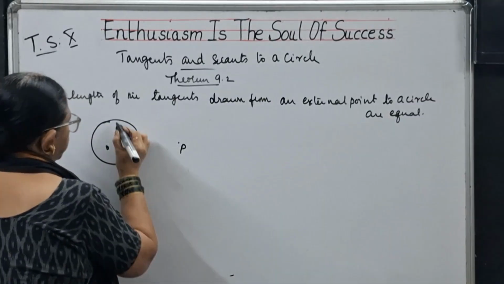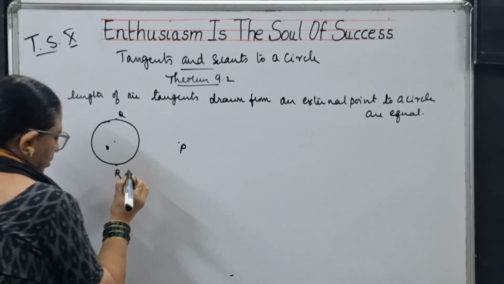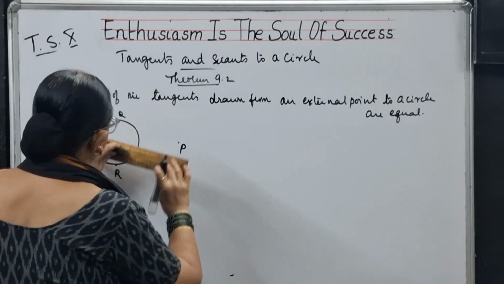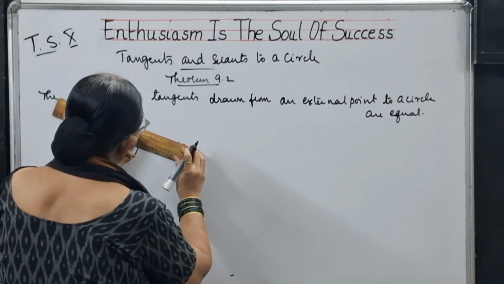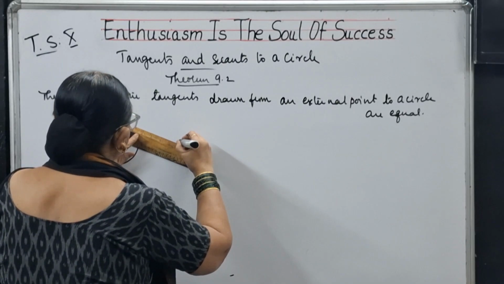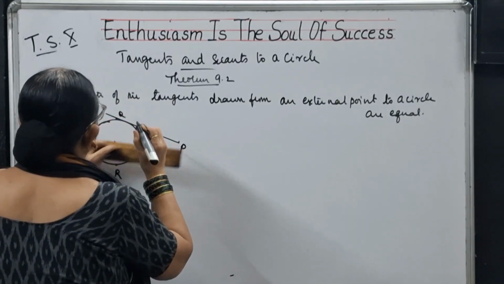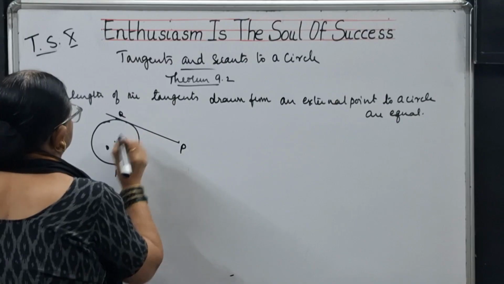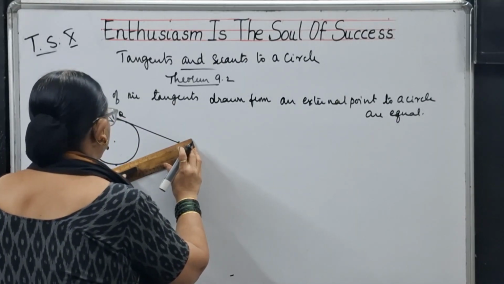Let me call this point P. Two points I am taking, Q and R. Let me join PQ and PR.